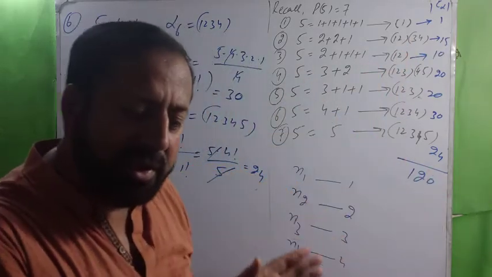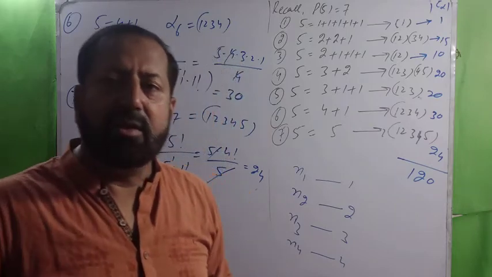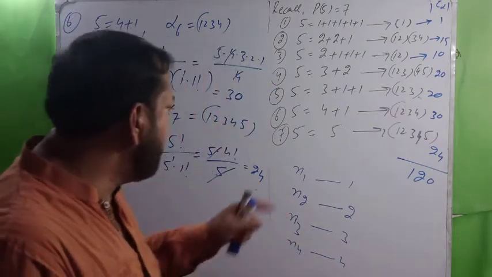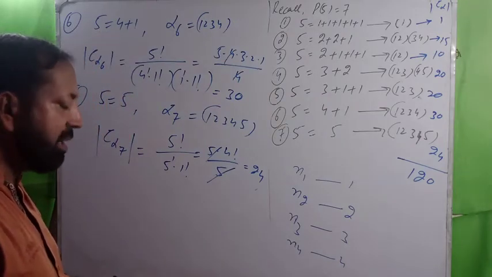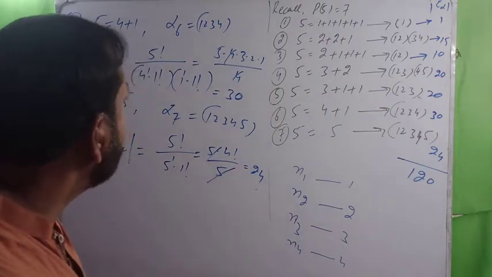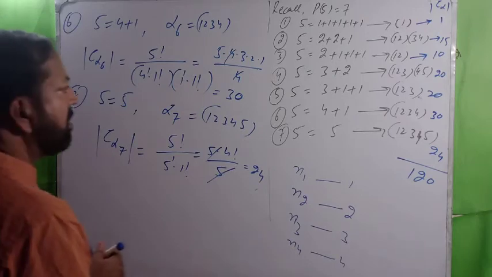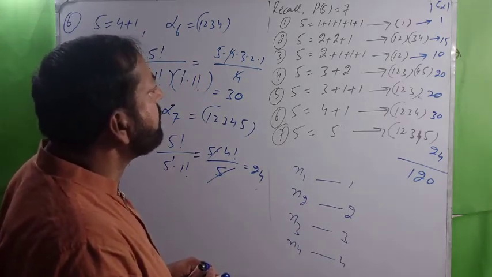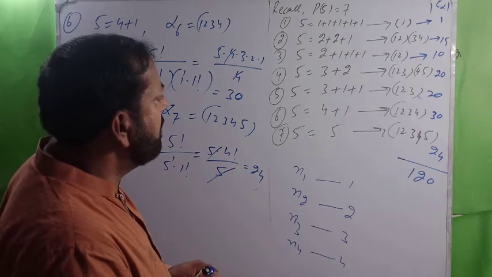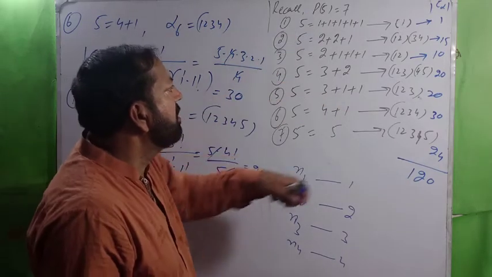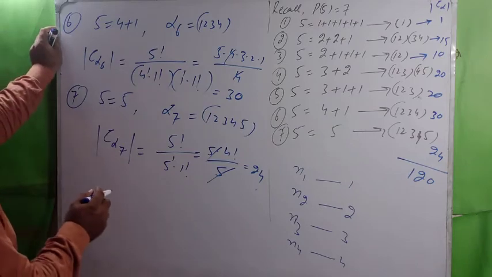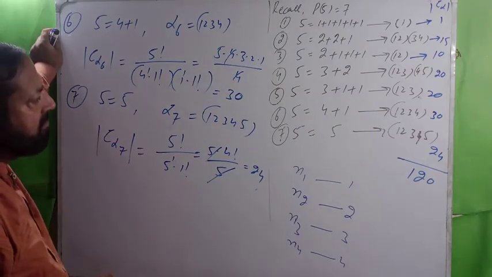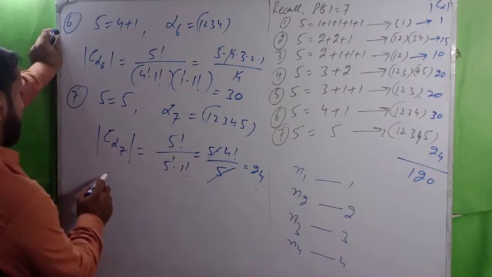So with this understanding, we can also find the conjugacy classes of A_n and also the class equation. So from here, we can write the class equation as well. You have already written the class equation. So what was the class equation?